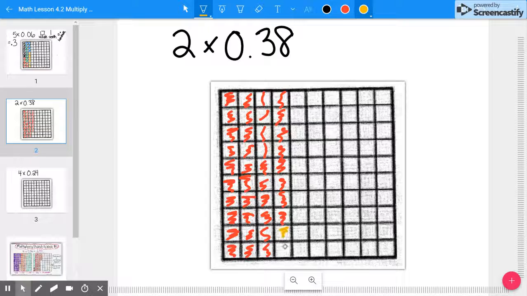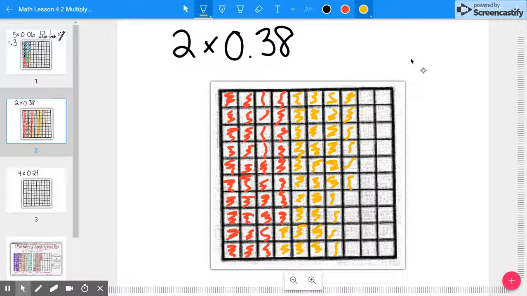So we do the same thing: 1, 2, 3, 4, 5, and so on, counting up to 38.